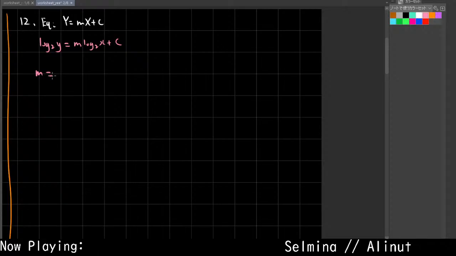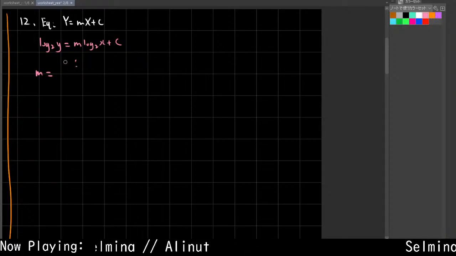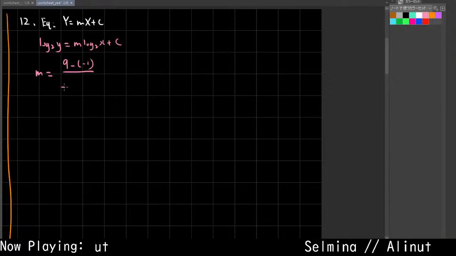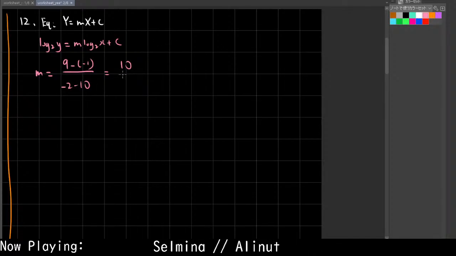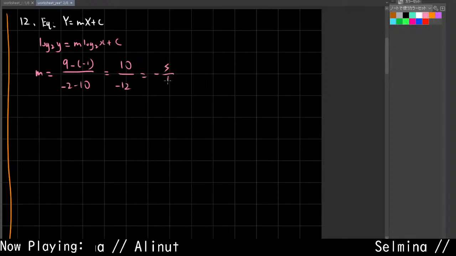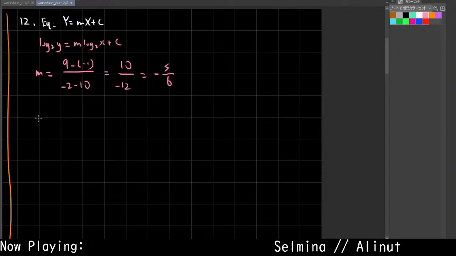So m is equal to y2 minus y1 over x2 minus x1. So I choose the first one as y2. Plug in one of the values.